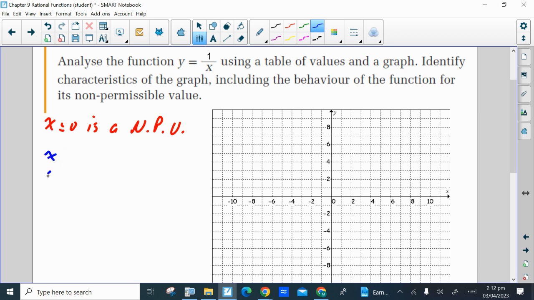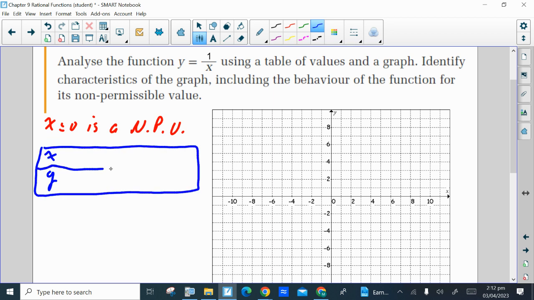We can set up a table of values that show values on both sides of x = 0. For example, we start with values of x like 10, 5, 2, 1, 1/2, and let's say 1/4.